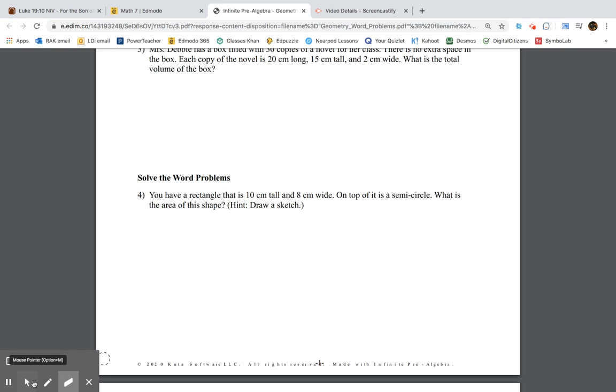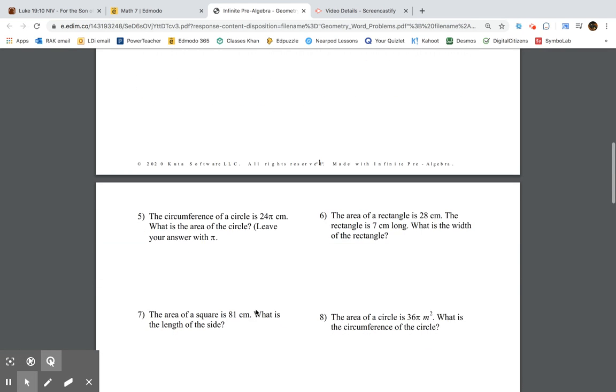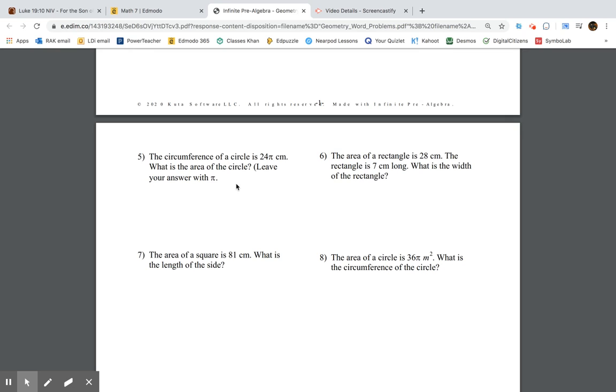Now let's go ahead and look at these last four. This one's asking you to find the area of a circle, and it gives you the circumference. So if you know the circumference, how do you find the area? Well, we've kind of done this before, haven't we? 24 pi. So what would the radius be? First, you have to find the radius. Well, circumference is 2 times the radius times pi.